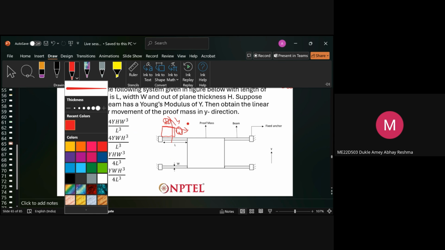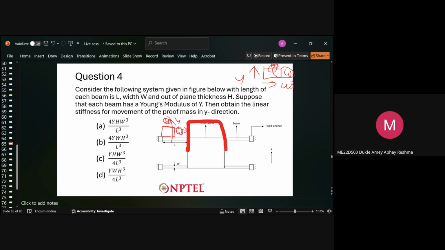When the body moves here, this beam has reached here, this beam has reached here, this beam has reached here. So the deflection is same. When the deflection is same, the beams are in parallel.